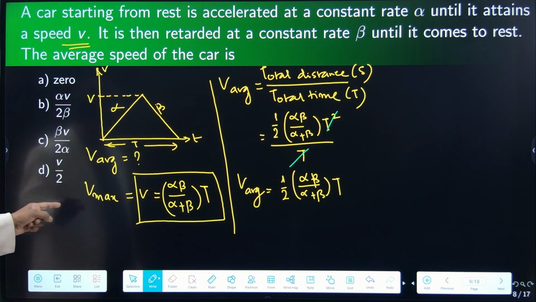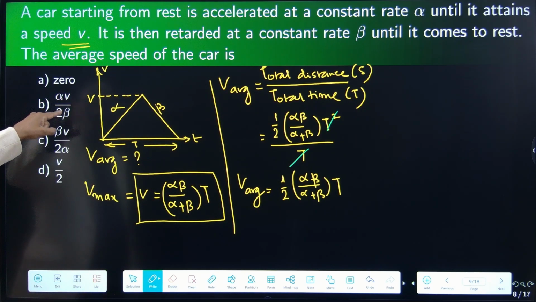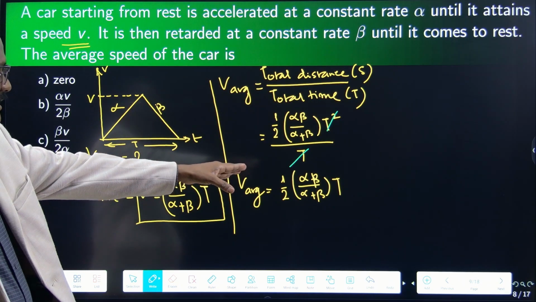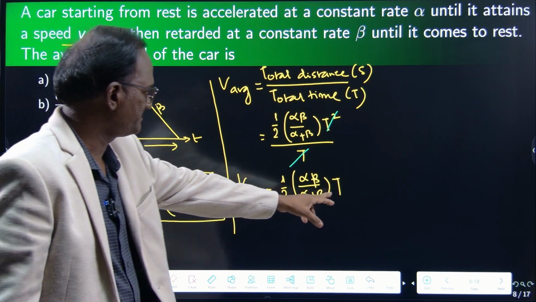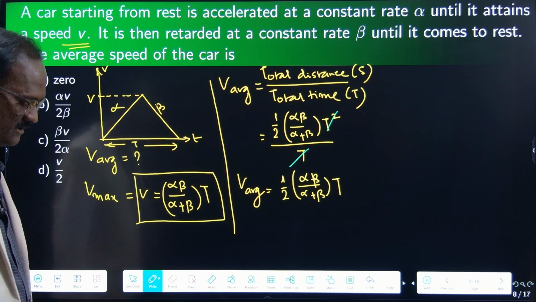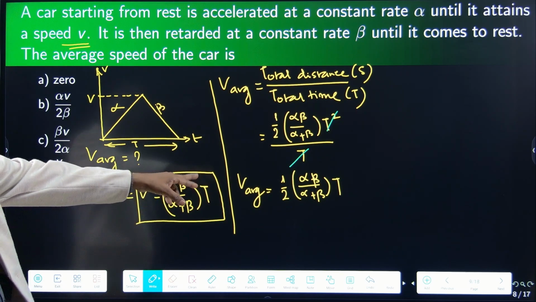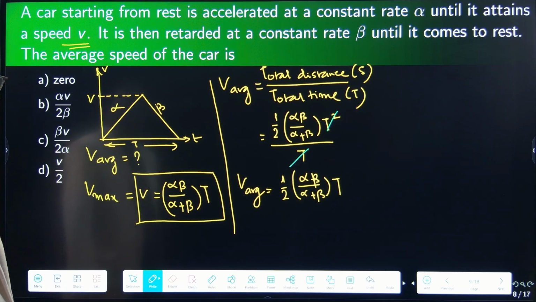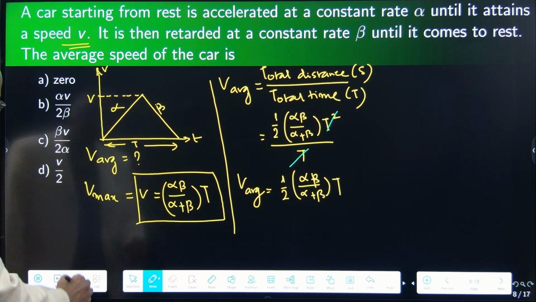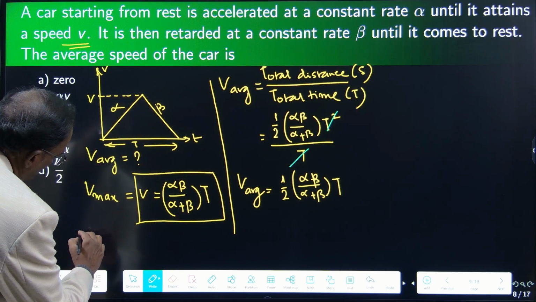So if you look at the options, alpha v beta, beta v alpha v, but in our expression t has come. So we have to neglect t here. We have to remove t here to find the average speed, right? So for t, we have developed one more formula.